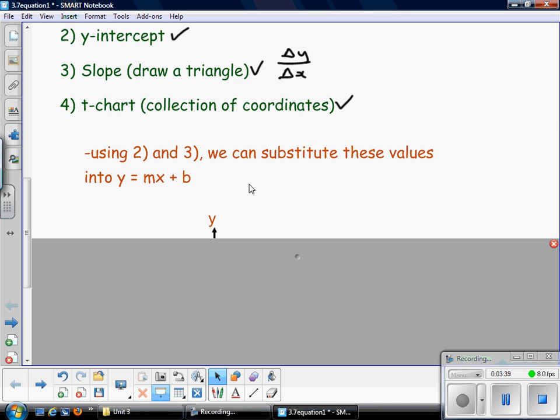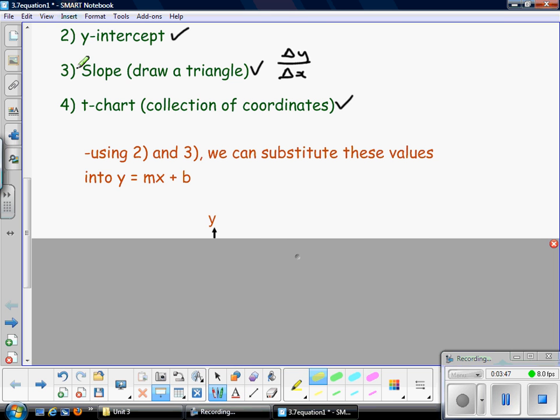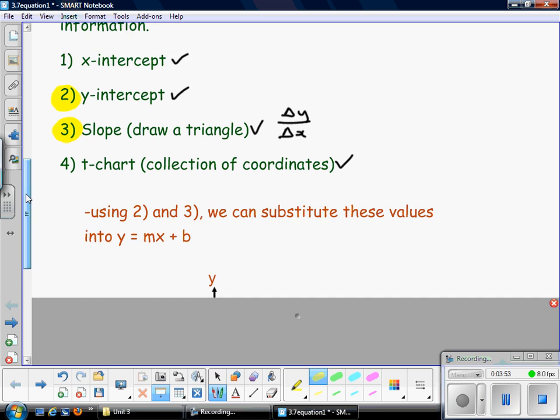Using those two, we can substitute those values into y equals mx plus b. The reason is that sometimes it's much harder to get the x-intercept, plus we don't have anything in y equals mx plus b with the x-intercept to help us there.